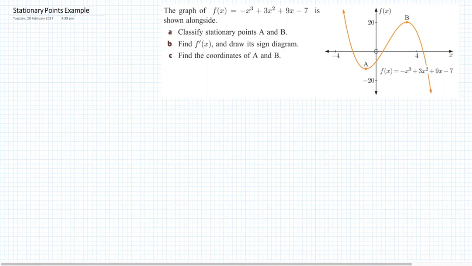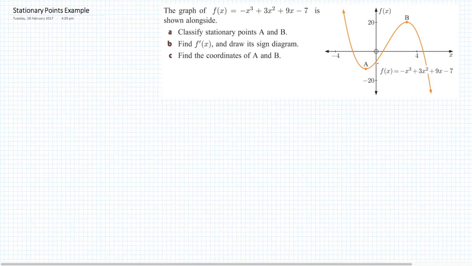And we've got a graph of f(x) equals minus x to the power 3 plus 3x squared plus 9x minus 7. And it looks something like this. The first part of the question asks us to classify the stationary points A and B. So I've got a point here A and a point here B.